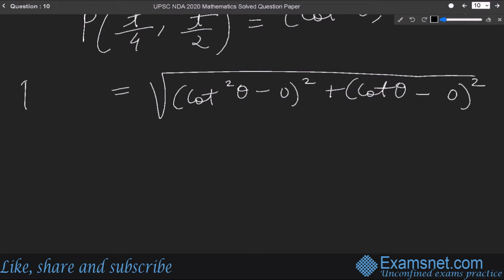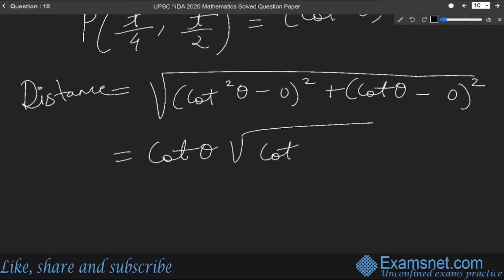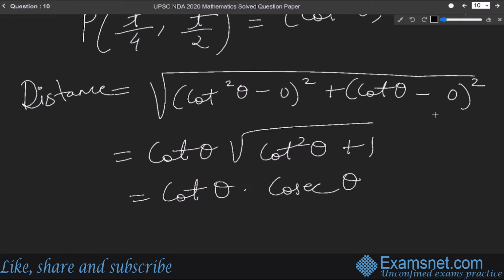This is the formula for distance. Further solving it, we will get cot theta under root of cot square theta plus 1, which is equal to cot theta into cosec theta. We know that under root of cot square theta plus 1 is cosec theta. So, this will be the correct answer.